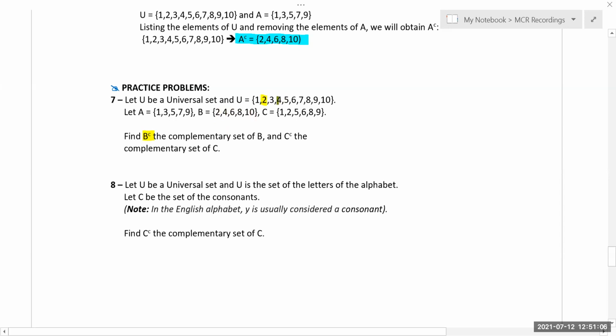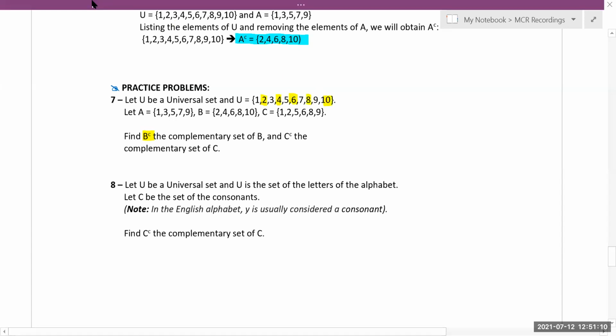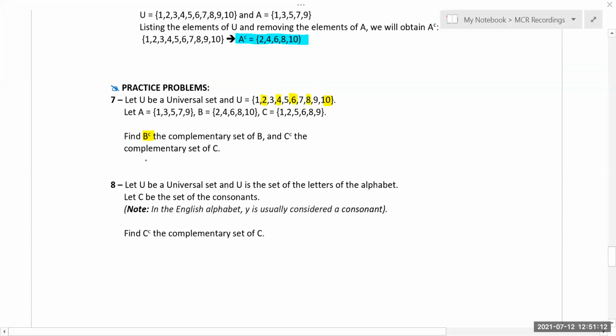I'm going to highlight those. Everything I didn't highlight represents the complement. So B complement is 1, 3, 5, 7, 9. So basically all the odds because B was the evens.